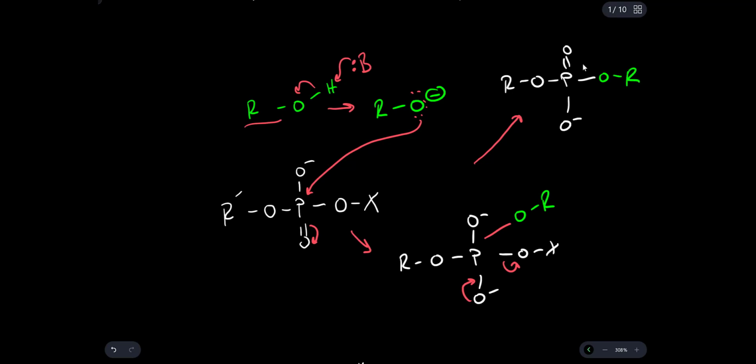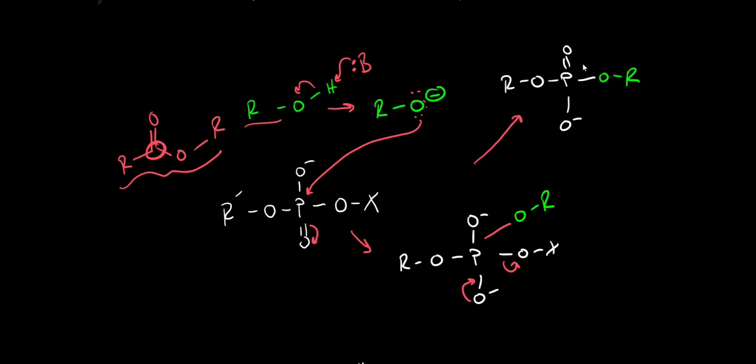Okay, things to recognize here that I'd like to point out is that this is called a phosphodiester bond. Okay, remember an ester looks like this. So it is a carbonyl attached to an oxygen, and each of those atoms are then attached to another carbon. So this is an ester. A phosphoester would be a phosphorus replacing this carbon. And a phosphodiester is having a phosphoester in two directions.